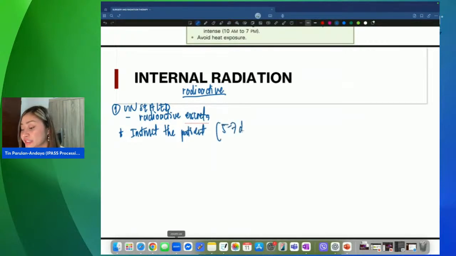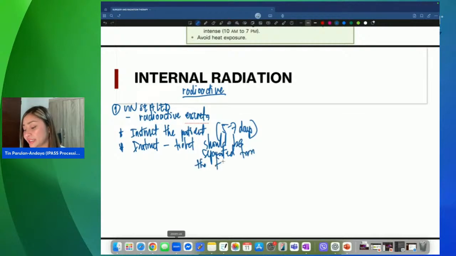For 5 to 7 days. Very good. And instruct that the toilet should be separated from the family. Take note of that one, because we're expecting that the body fluids and excreta may be radioactive for a certain period, maybe 1 week.